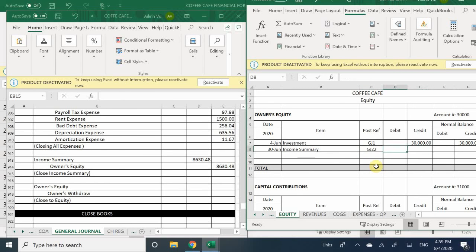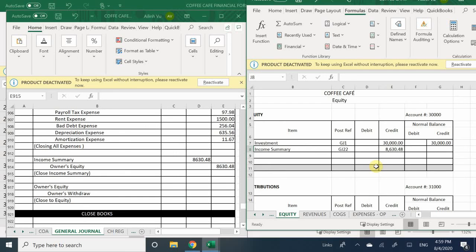And since I'm crediting this account for 8,630.48, all right, I'm going to go ahead and get my calculation. So now I have $38,630.48, right? And yes, that is me adding the profit back in there.